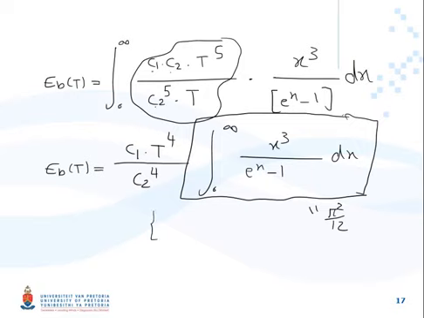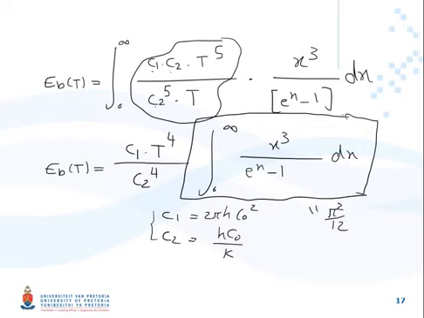We have from the textbook C1 is equal to 2 pi h c0 to the power of 2, h the Planck constant, c the speed of light in vacuum, and C2 is h c0 over k, h the same constant, k the Boltzmann constant.